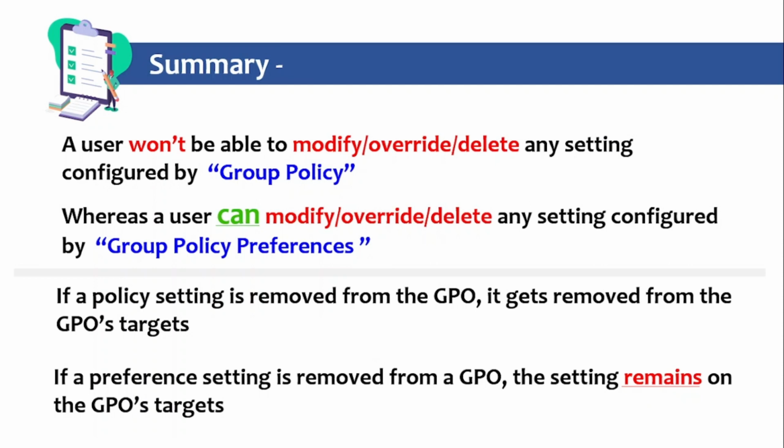If a policy setting is removed from the group policy object, it gets removed from the group policy target. Whereas if a preference setting is removed from the group policy object, the setting remains on the target. So this is the core difference between group policy and group policy preferences.